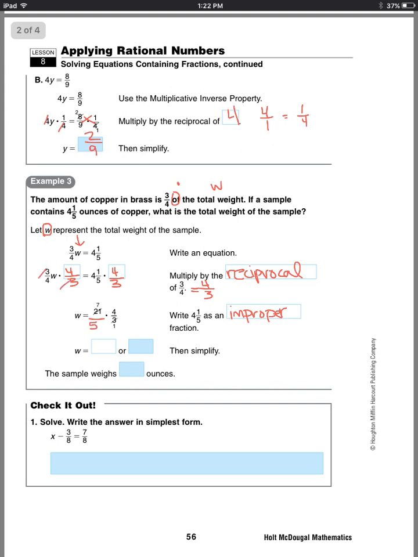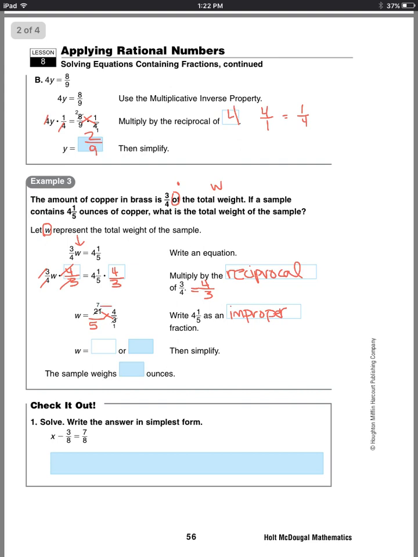So these cancel, leaving us with just W. And then we look diagonally. 1 is the only number that goes into 4 and 5, so those stay. And then 3 can also go into 21. So 3 divided by 3 is 1. 21 divided by 3 is 7.